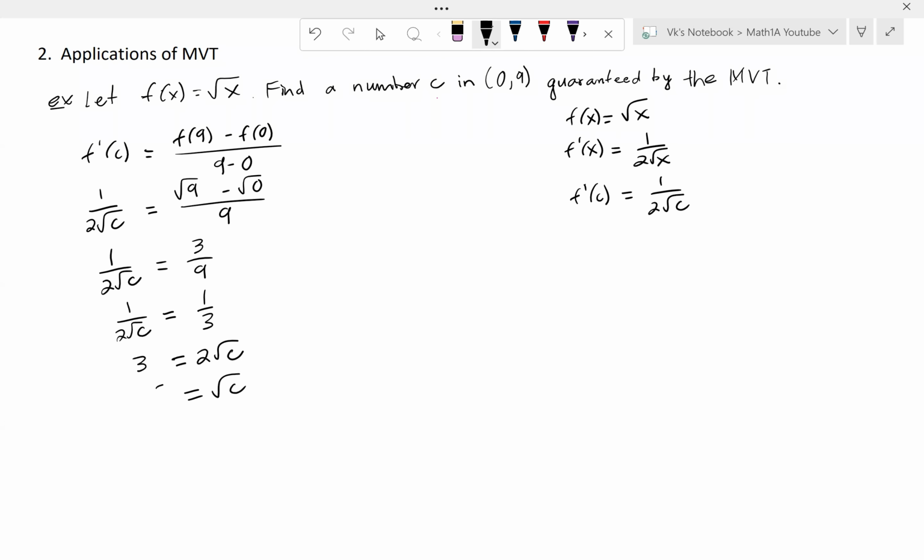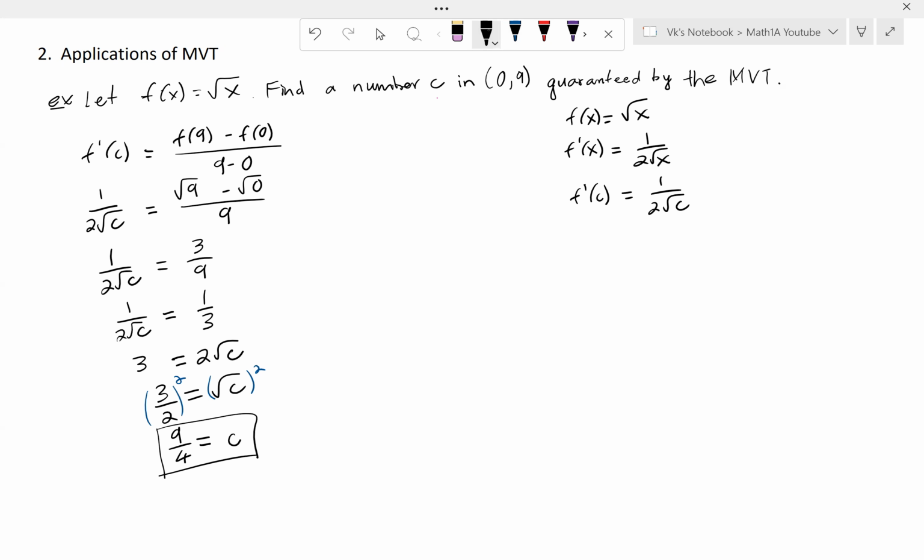So root c is 3 over 2, which means that c is (3/2) squared, and therefore we have 9/4.